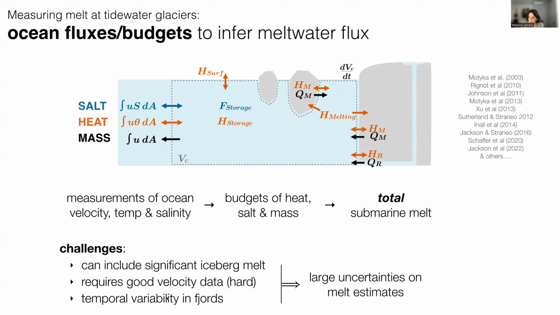And then temporal variability in these fjords can be a real complicating factor for getting to well-constrained melt rates. And I should also mention that these give you only the bulk submarine melt flux, not the local melt rates or the spatial patterns. And so the upshot is we have some estimates from this approach, but they do have very large uncertainties, and there's also a variety of methods that have been used with some inconsistencies.